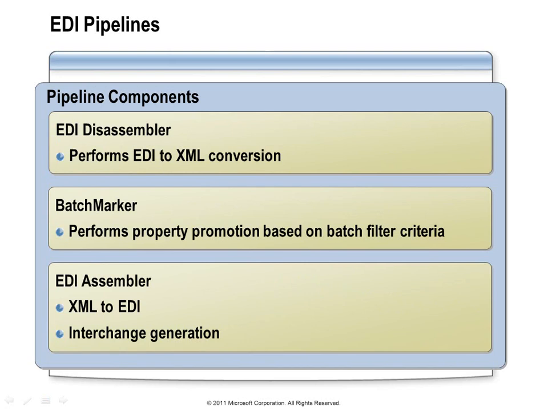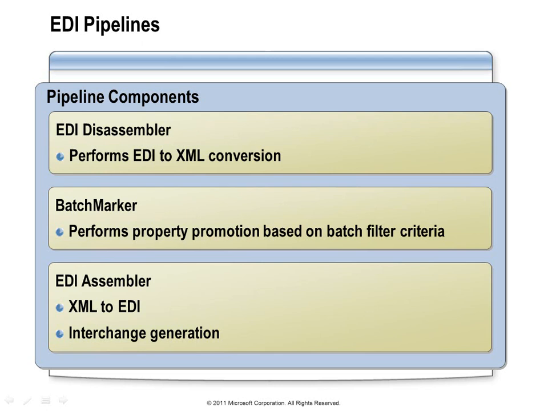A lot of the processing for EDI happens in the pipelines, and so we have a set of pipeline components for EDI processing. It involves the EDI disassembler. That's responsible for taking an EDI document, parsing through it, converting it to XML, and doing property promotion.